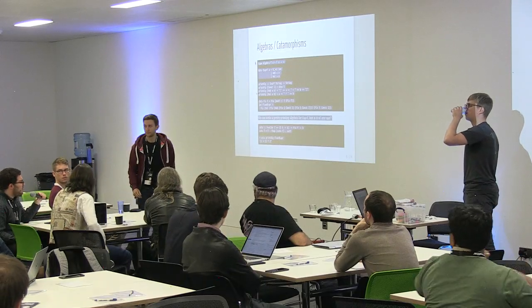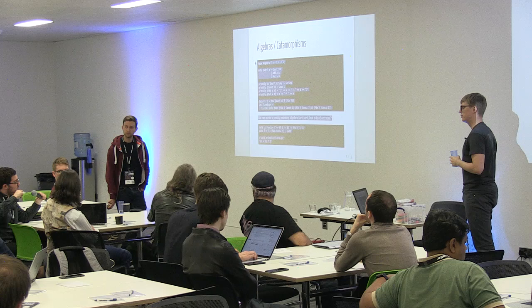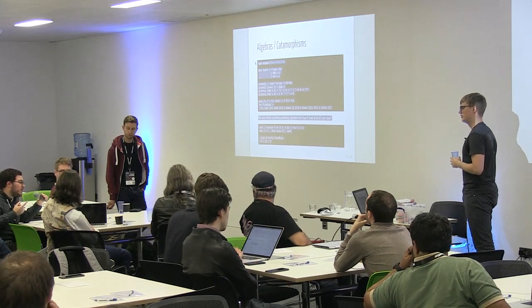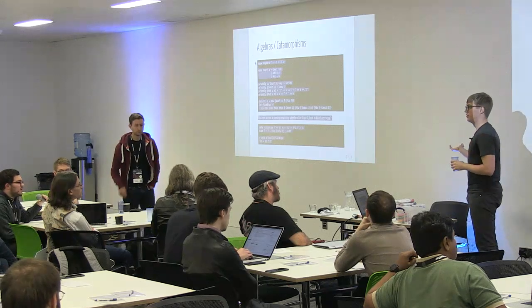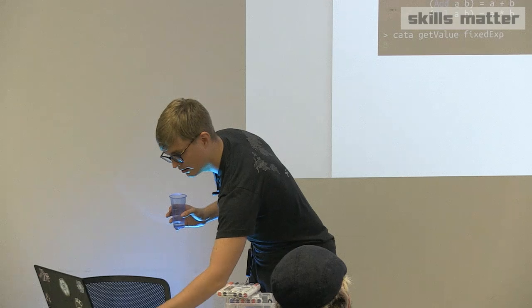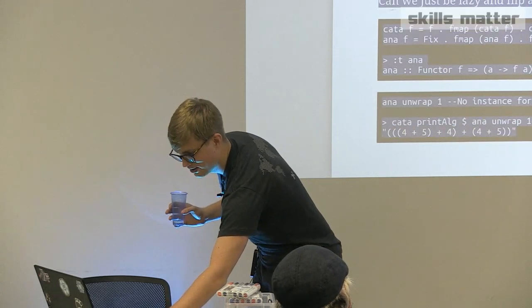I'm not sure how much sense this makes, but you did say that you're recursing from the bottom to the top. Are there recursion schemes to go the other way around? Does the question make sense? It does. An unfold, for instance, goes the other way around. It's called anamorphism.